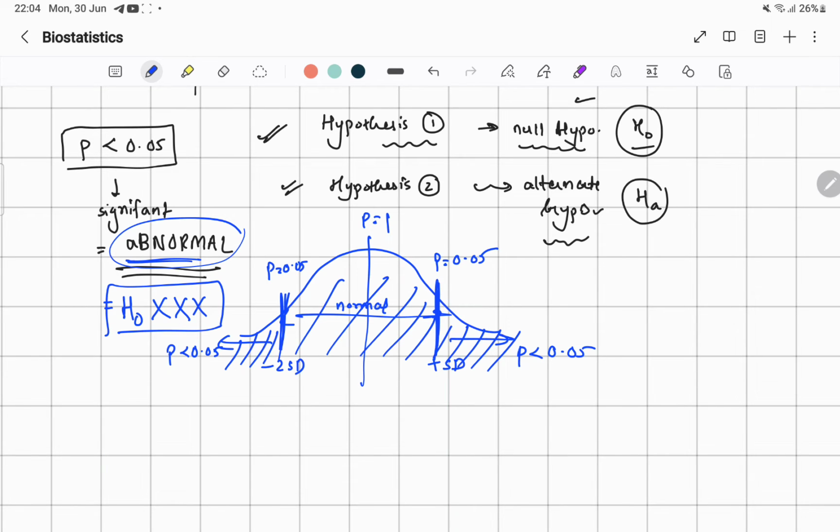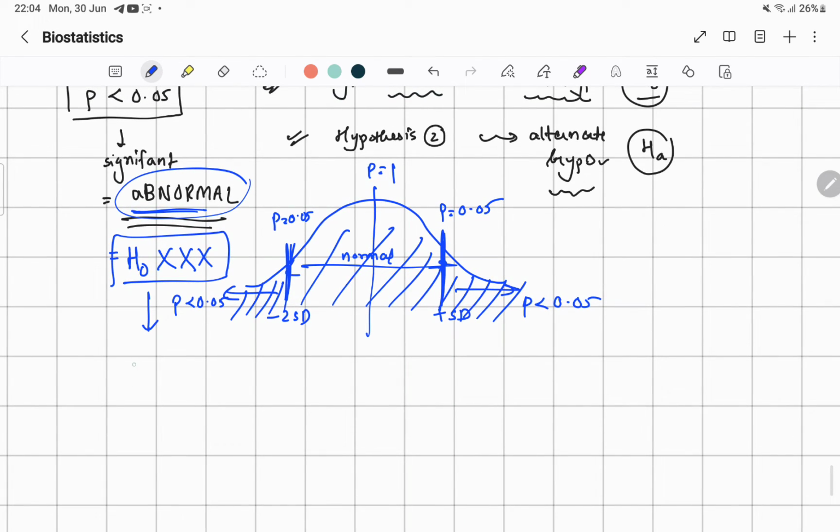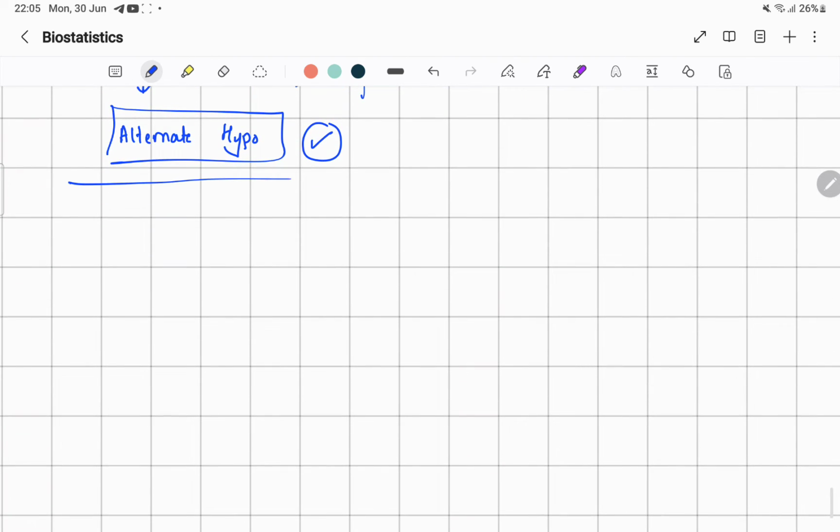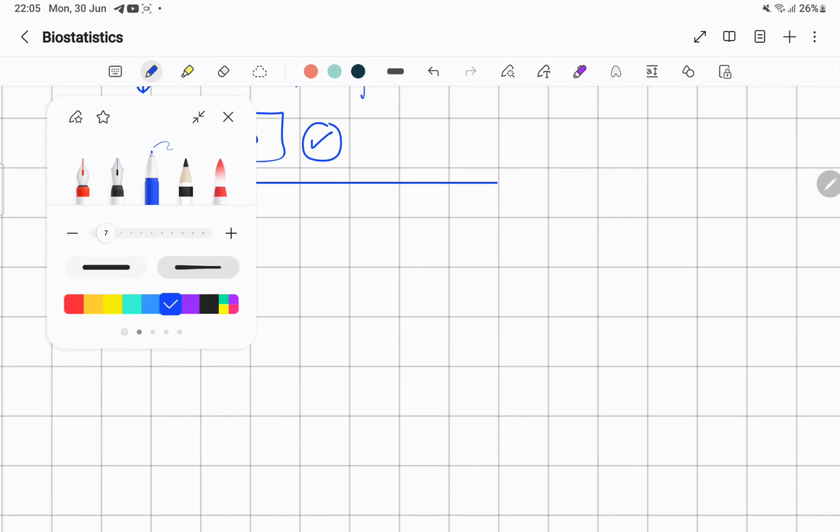If the p value is less than 0.05, the null hypothesis is rejected and the alternate hypothesis is accepted. Understood? Null hypothesis is rejected, alternate hypothesis is accepted. Okay, understood?